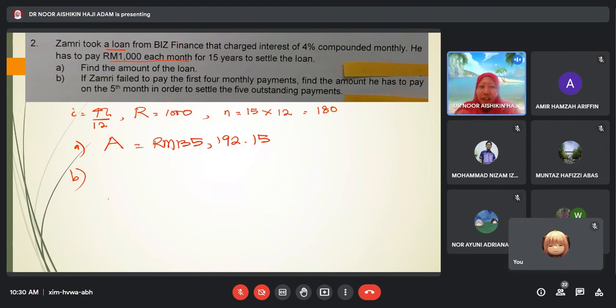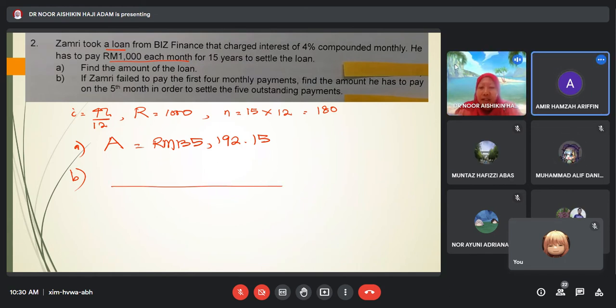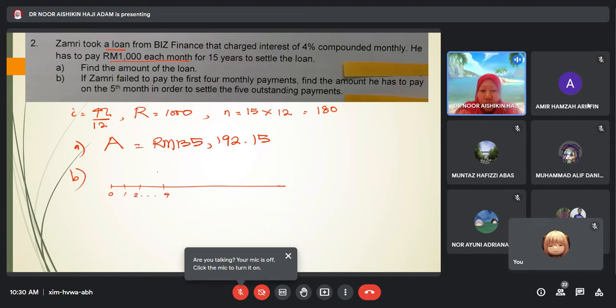Okay, so you nak cari apa? S or A? What is this going to be? S5. You nak S5. 0 tak ada apa-apa. Sepatutnya at the end of the first month kena bayar 1,000. Tapi dia tak buat. 2, 3 sampai ke 4 ni dia tak buat.